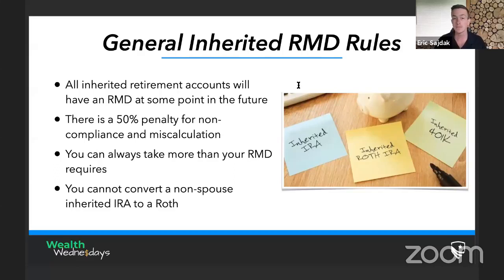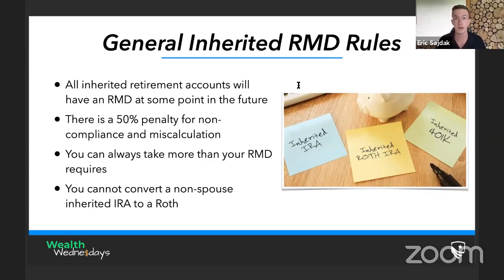Also know you can always take more than your RMD requires. I know some retirees that do that just to make sure they're not miscalculating and thus receiving a penalty. You can always take more than your RMD requires in a year, just like with your own accounts. But it's important to note that you can't convert a non-spouse inherited IRA to a Roth.